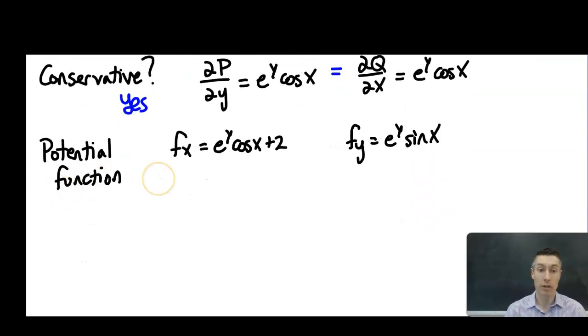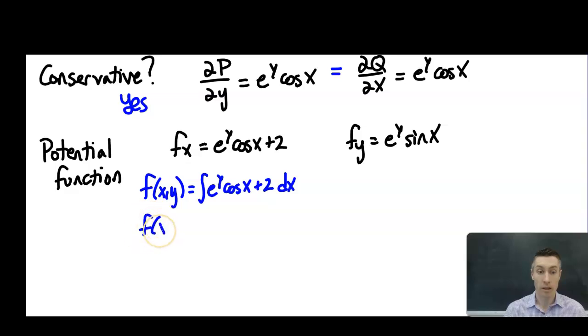So we'll start by integrating with respect to x. The integral of e to the y cosine x plus 2 dx gives us a possible potential function of e to the y sine of x plus 2x plus some function in terms of y.